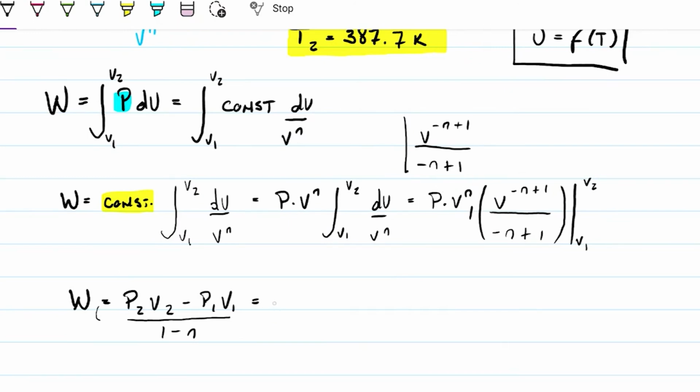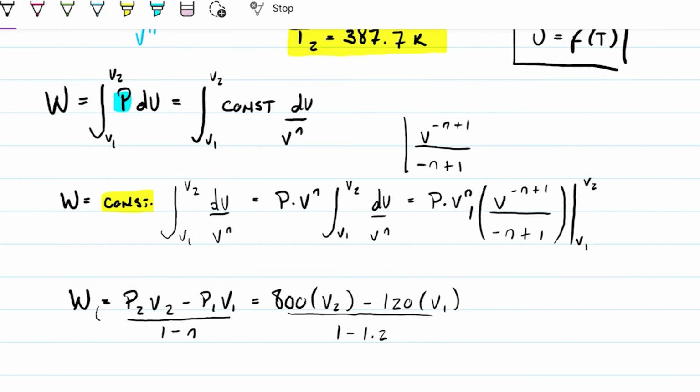So now we can say my work's going to be 800 times V2 minus 120 V1 divided by 1 minus 1.2. Okay, we still don't know what the volume is.